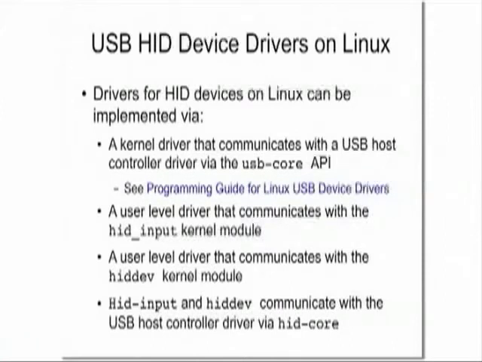The second way to do it, so one way is you write a kernel driver. A second way to do it is you write a user-level driver that communicates with a kernel module called HID-input. You could also write a user-level driver that communicates with something called HID-dev. So HID-input is basically meant for things like mouse, keyboards, joysticks, that sort of thing.